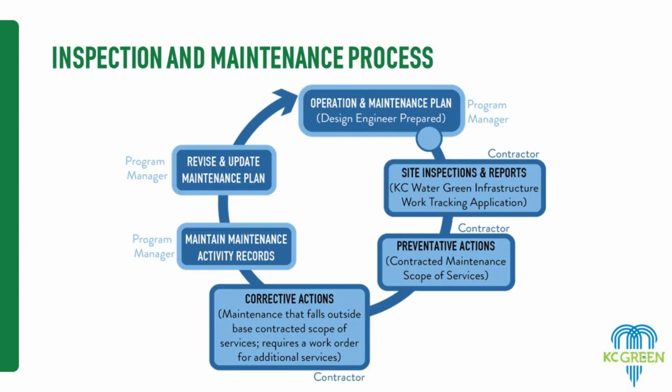So this is a quick diagram of the process. In the beginning, you will have access to as-built landscape plans. Some of these sites do have operations and maintenance plans, which you can reference. That includes more detail about the different plants on the site and typical maintenance frequencies.